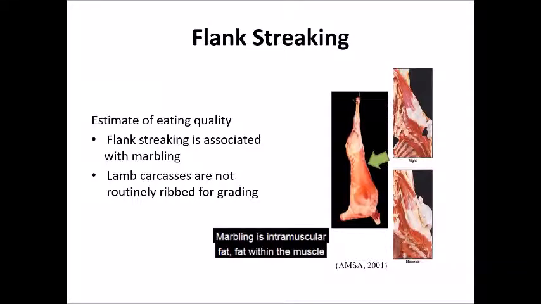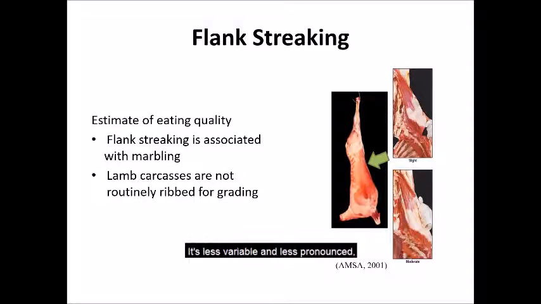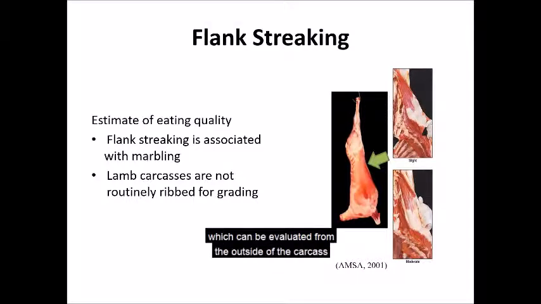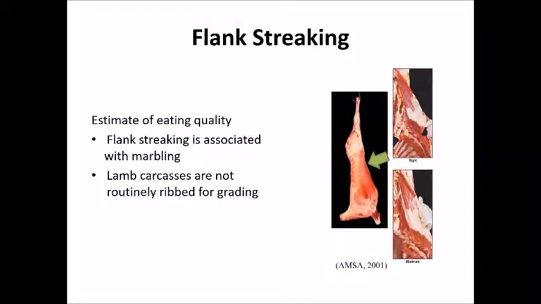Okay, marbling is intramuscular fat within the muscle of the loin. You're probably very familiar with that in a beef context, but sheep have marbling too. It's less variable and less pronounced. But flank streaking is also intramuscular fat, which can be evaluated from the outside of a carcass, and it's associated with marbling inside the high value muscles.